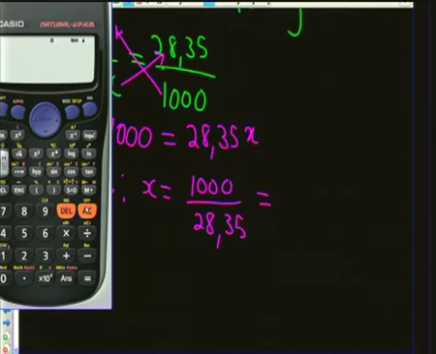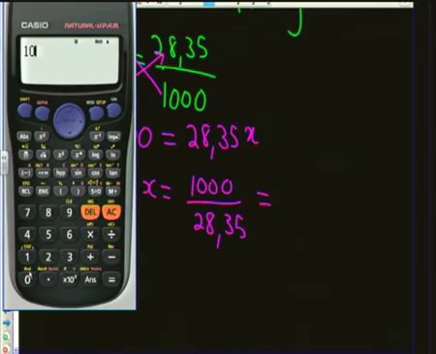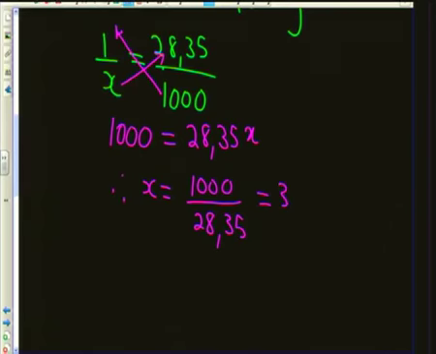You've got your 1,000 divided by 28.35, we get that. So you've got your X is 35 point something ounces. So you see that 1,000 grams is 35 point something ounces. Now we need to work it out now.